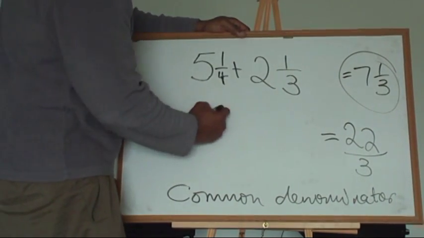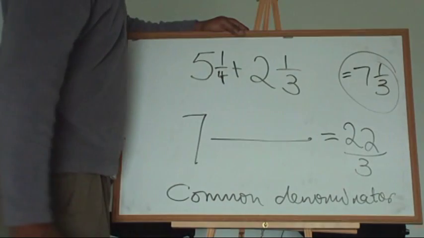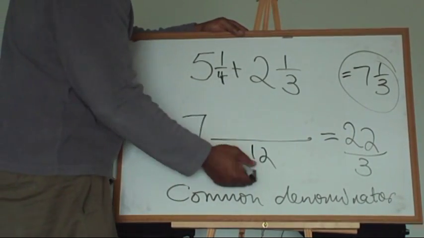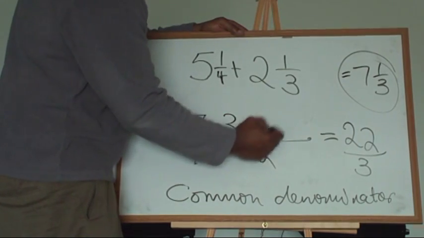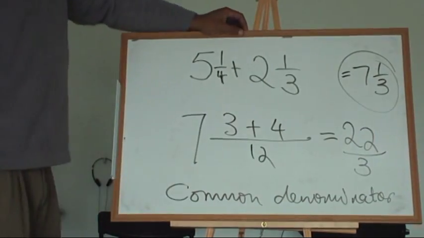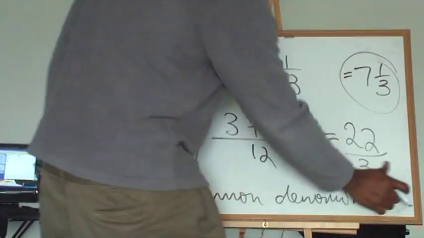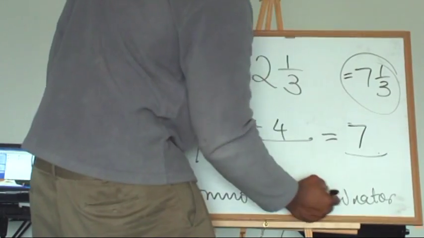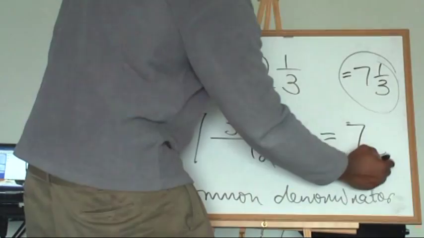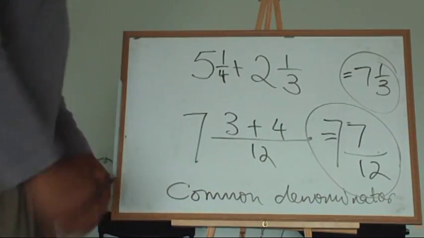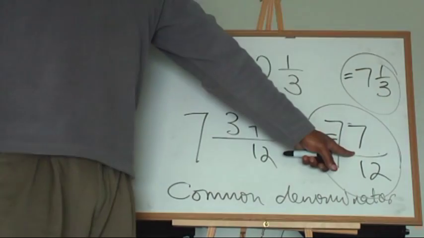This time I could add the whole numbers. 5 plus 2 is 7. I have a 4 and a 3. LCM is 12. 4 times 3 is 12. And 3 times 4 is 12. So that gives me 7 and 7 over 12, which is just over a half.